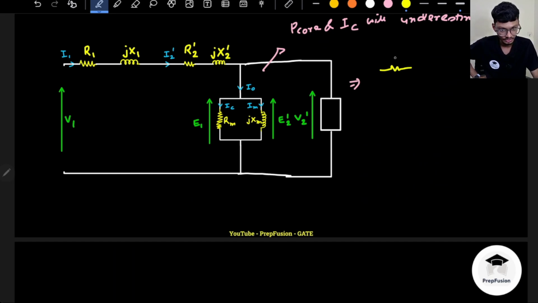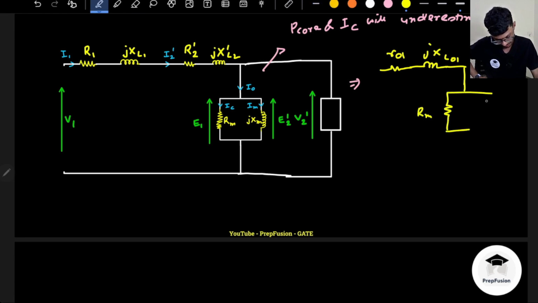Let's write the resistance value as RO1, the total resistance in winding one, whatever I am observing, and a single inductance value, that is X. This is actually XL1, this should be XL2. So this will be XO1, XLO1. And of course there is a leakage reactance here and the core resistance here.